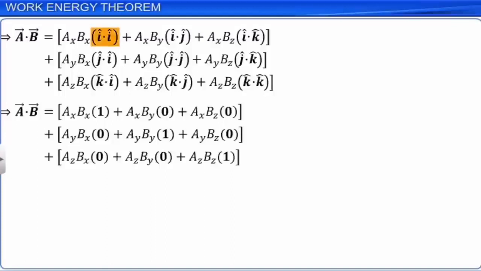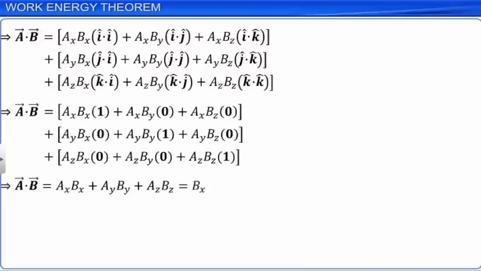Substituting the values of I dot I, J dot J and K dot K as 1 and the values of I dot J, I dot K, J dot I, J dot K, K dot I and K dot J as 0 and simplifying, we get A dot B is equal to AxBx plus AyBy plus AzBz.